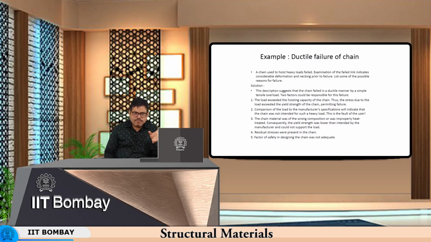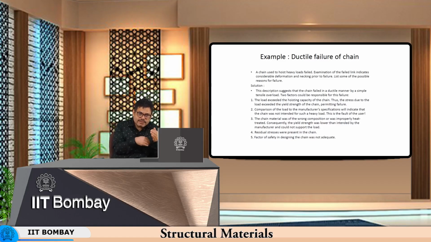Now, this is particularly important because the presence of residual stresses is an inevitable part of a manufacturing process, because you might induce residual stresses. Every link in the chain will have a certain amount of residual stress present in it, and therefore, unless you take a sufficiently large factor of safety in design, you will not be able to address the issue of residual stresses, because then the capacity of the chain gets reduced by that much.